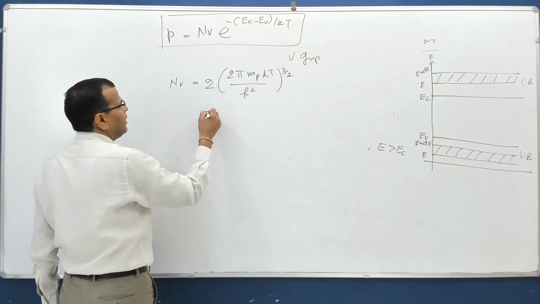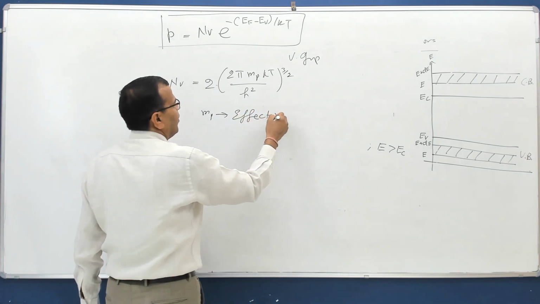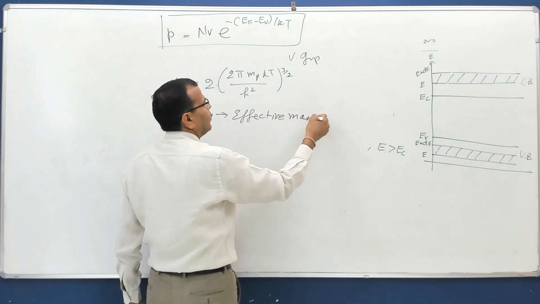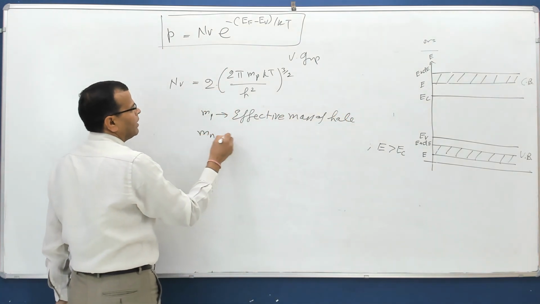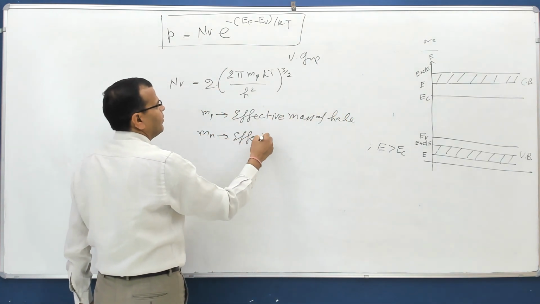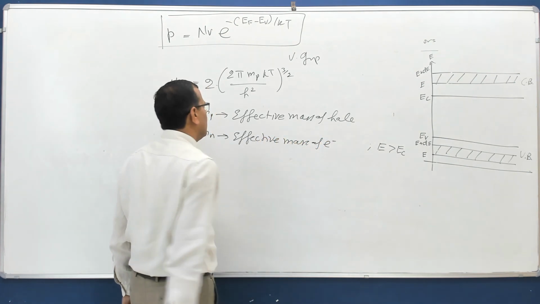What is Mp? Mp is the effective mass of hole, and in the previous case Mn is the effective mass of electron.